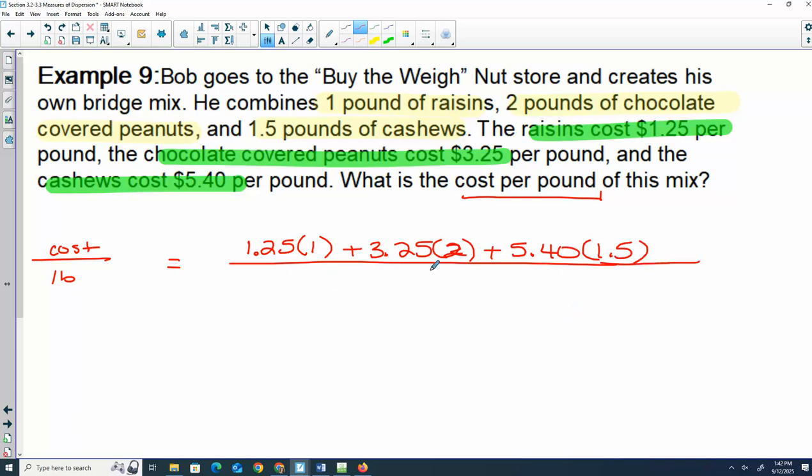People get confused on what to divide by on these sometimes. Do you divide by the dollars or the pounds? Look, we want pounds. So my total pounds would be the 1 plus 2 plus 1.5.